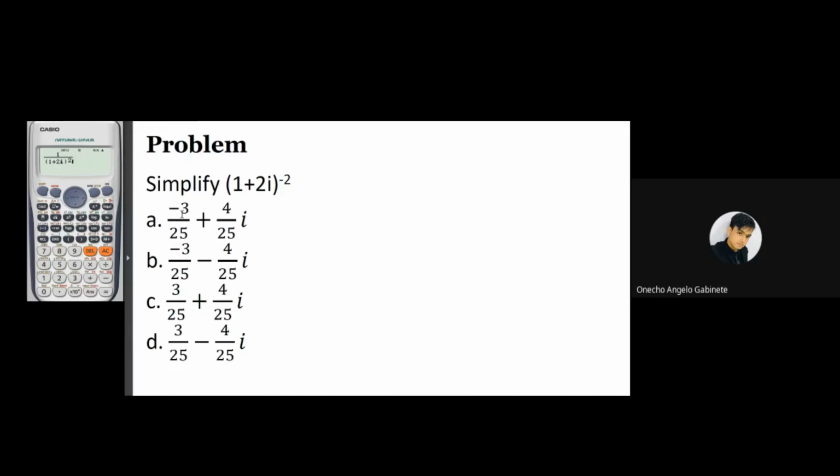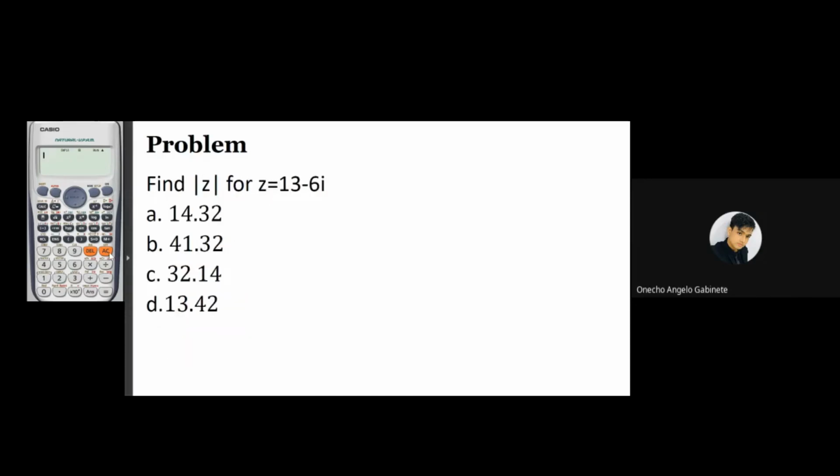See if an answer comes out. Negative 3/25 minus 4/25i. Very good. So we also used manipulation to get the answer to this problem.